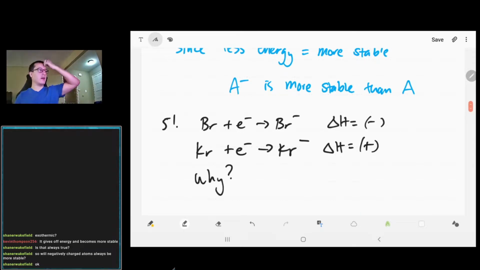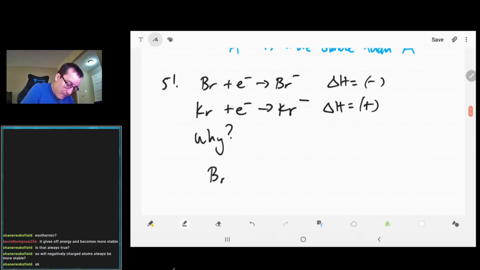This problem is just asking us to explain why we think this is going to be the case, and it's given us the hint that we should use electron configurations for this. So if we look at Br and Br minus, where's bromine on the periodic table? Probably argon based, yeah.